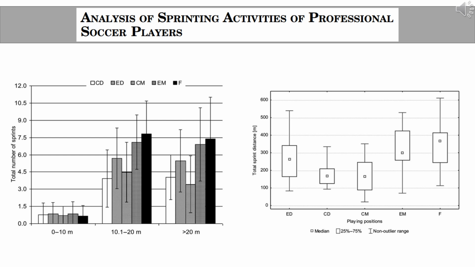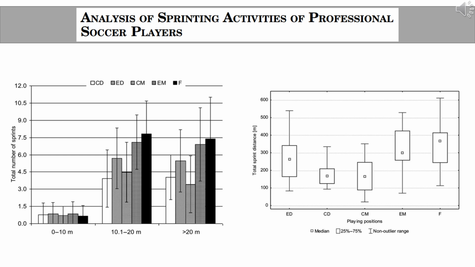And this tiny little square inside our box plot here shows that on average the total sprint distance is just under 400 meters per match, whereas our central midfielders and our central defenders are actually doing just over half that, at just under 200 meters.